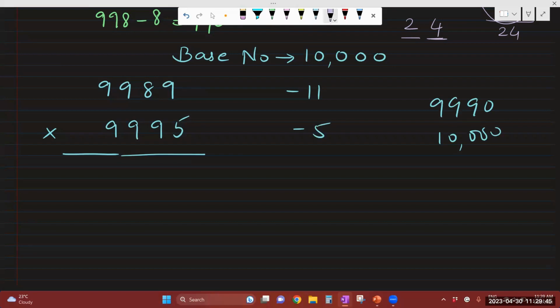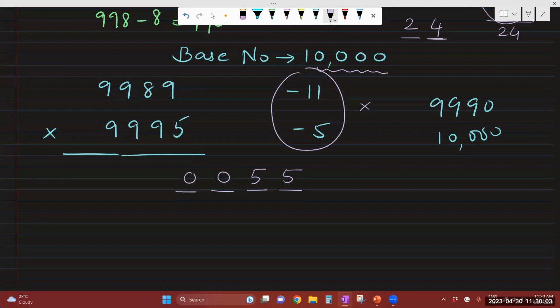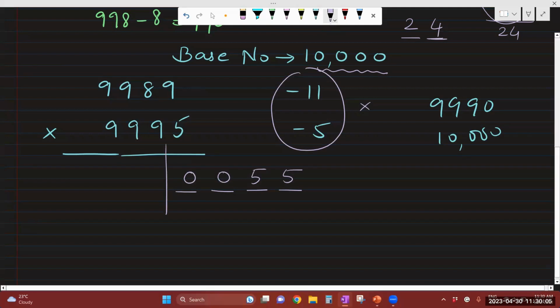The next step, how many zeros are you having? 1, 2, 3, and 4. So 4 blanks I have drawn. Next step, multiply. What answer will you get? 55. So I will write down 55. The remaining blanks, we will put 0. So the right hand side part of your answer is ready with you.